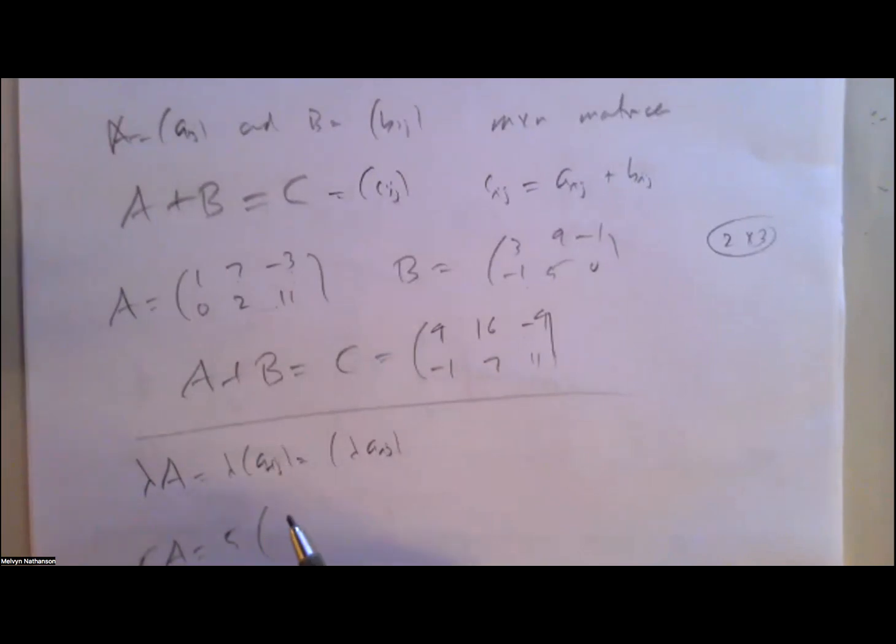That's 5 times the matrix 1, 7, minus 3, 0, 2, 11. You multiply everything by 5, you get 5, 35, minus 15, 0, 10, 55. So this is scalar multiplication of a matrix.